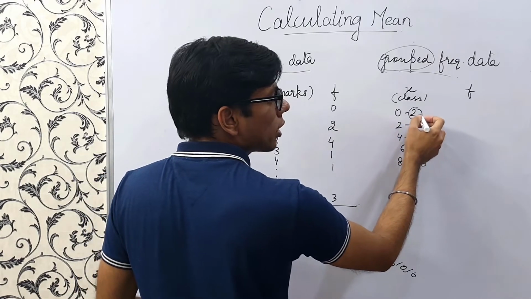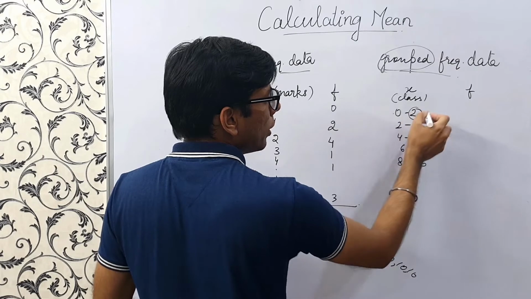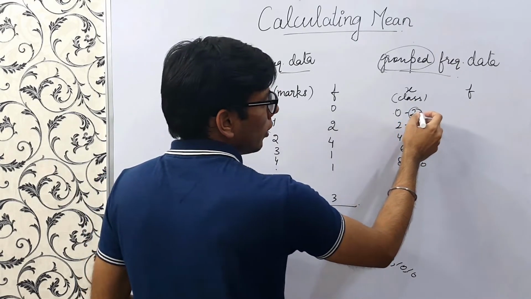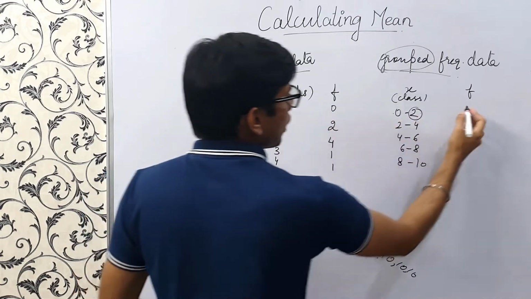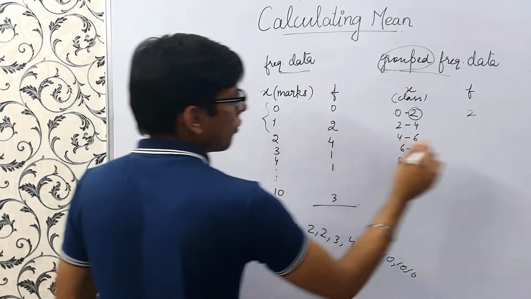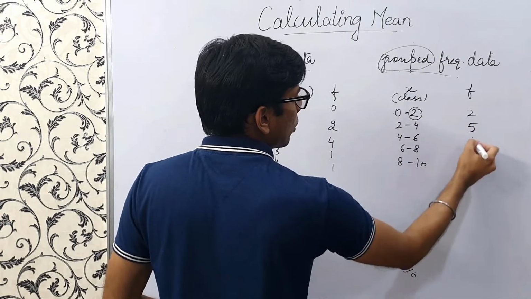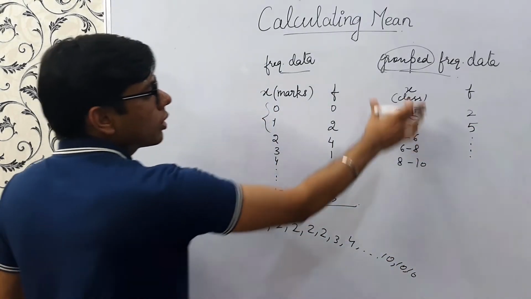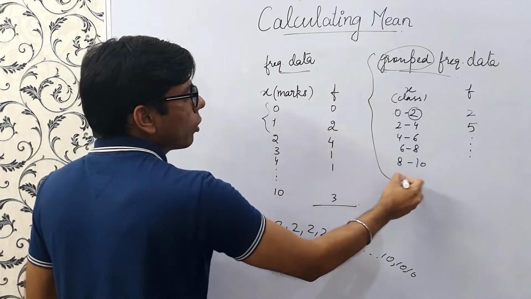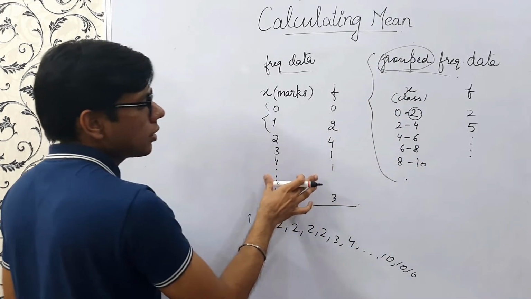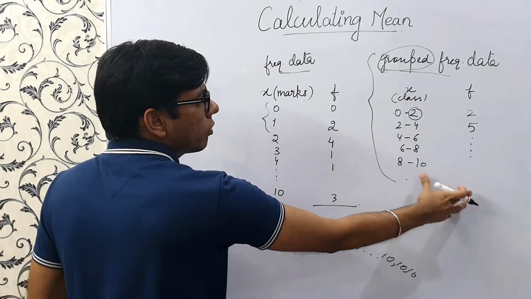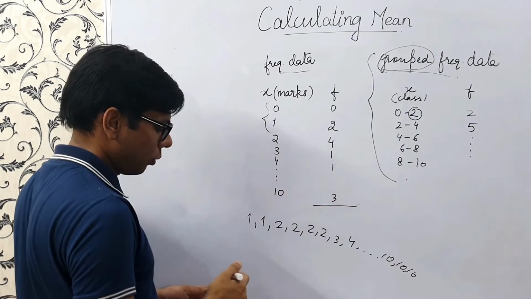This is called the lower limit, this is the upper limit, and the upper limit is usually exclusive. So in 0 to 2 we'll say there are 2 students, in 2 to 4 there are 5 students, and similarly onward. This is nothing but grouped frequency data. We'll cover an example of this, and ultimately this is a subset. If we understand this, the calculation of the mean works in a similar way.